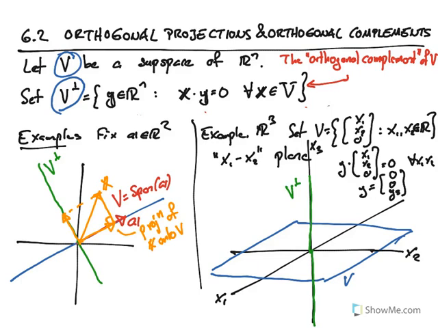Okay, so that is V perp. And again, what we're going to drive towards, we're going to do this formally, but just to give you an idea, is that in this case there's a natural way of defining the projection of the vector x onto the x1, x2 plane.